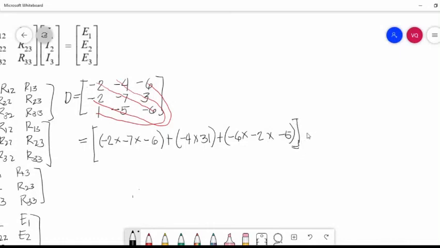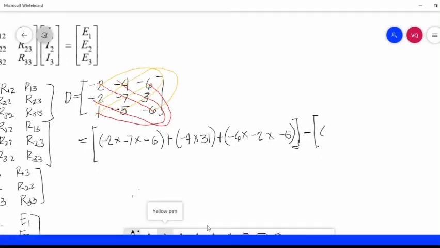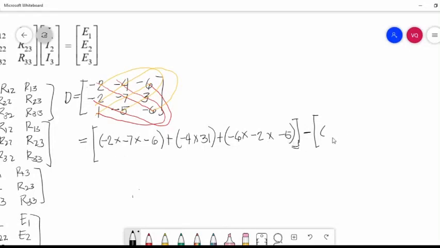minus 1 times negative 7 times negative 6, plus negative 5 times 3 times negative 2, plus negative 6 times negative 4 times negative 2.